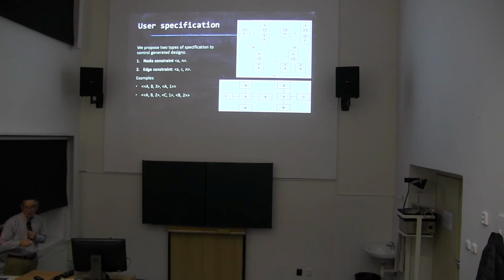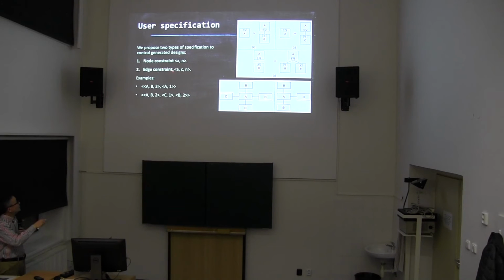And then user specification. This is probably too simple for you as architects, but we allow users to provide specifications like this. Node constraint: say, I have one type of room that has so many instances.